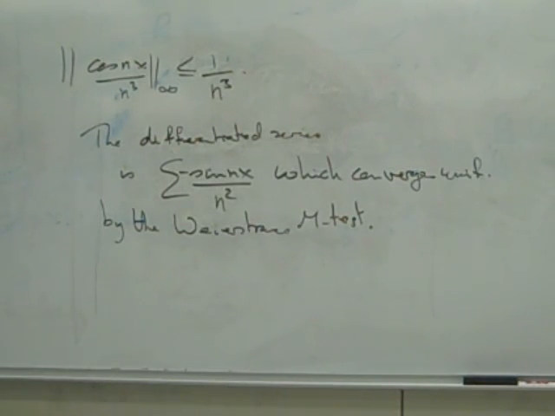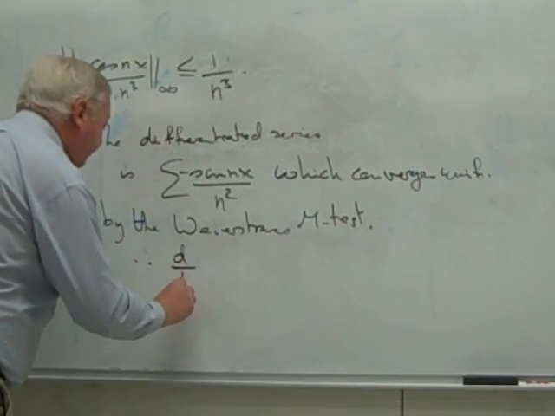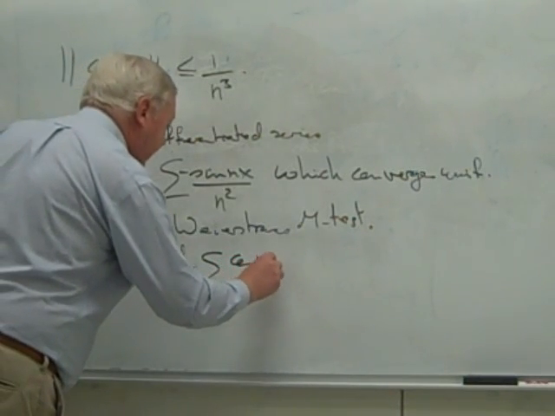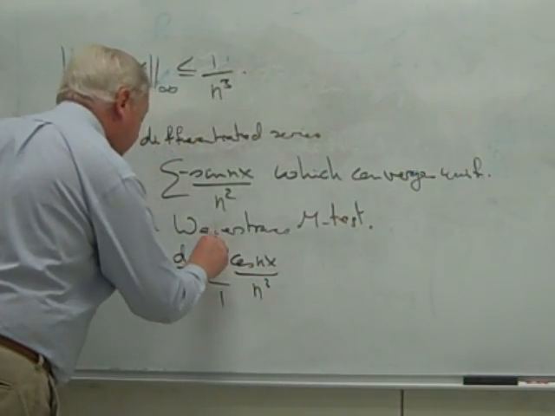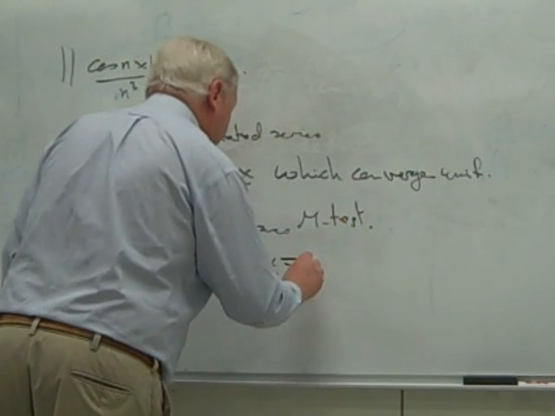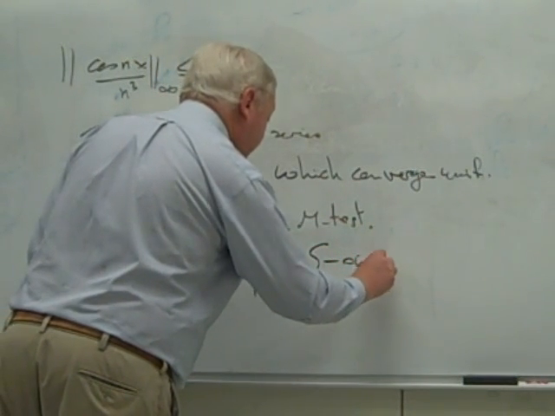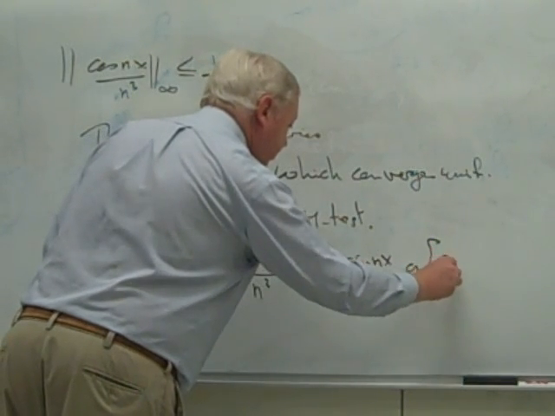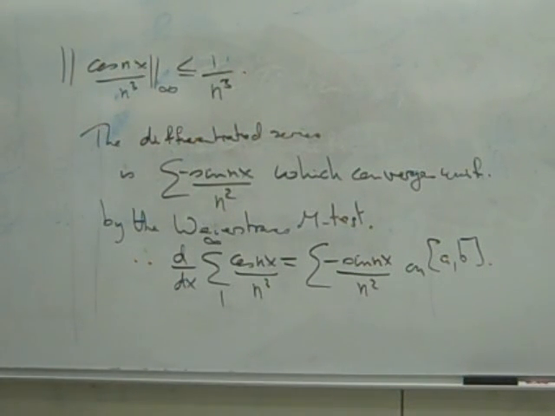The differentiated series converges uniformly, and we can conclude from what we just did that the derivative of whatever function this represents, cosine nx over n cubed, you're allowed to differentiate term by term, and that is true on any compact interval.